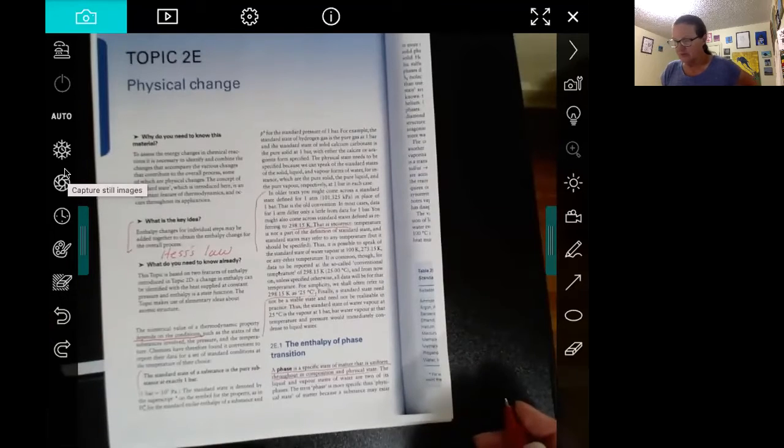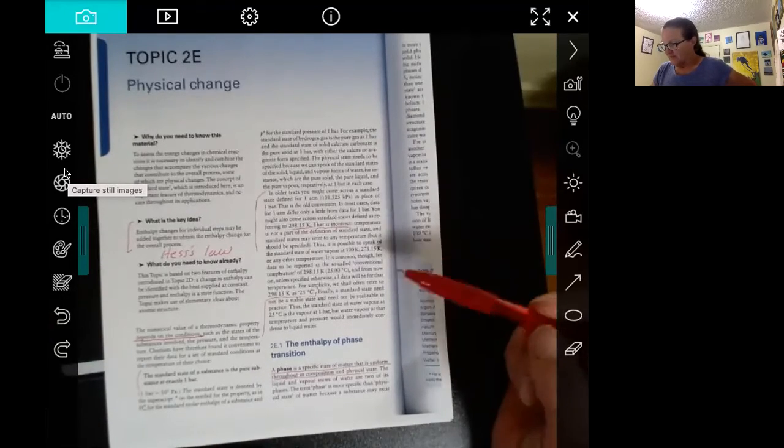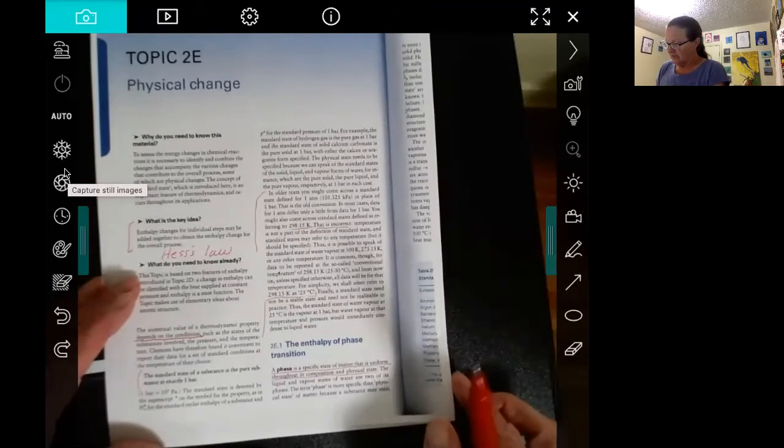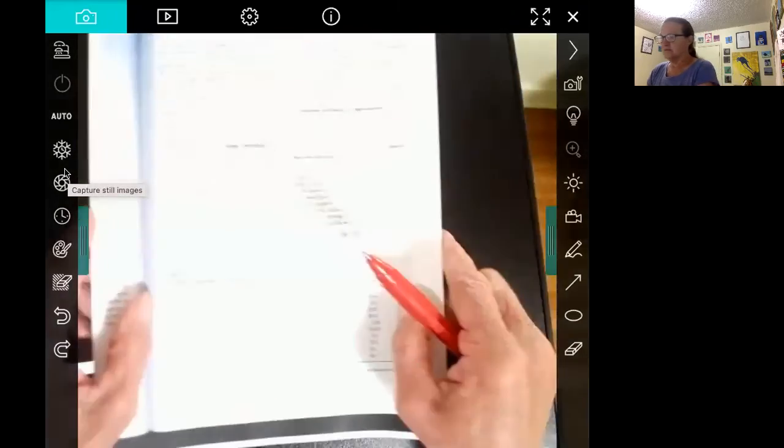So when we talk about physical change, we're talking about phases. A phase is a specific state of matter that's uniform throughout in composition and physical state. So we can have liquids and solids, and a solid can have more than 1 phase because it can have more than 1 structure.